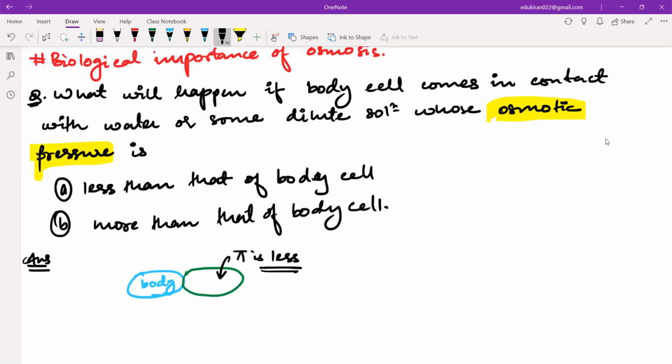Then what will happen? Here the pi is more, here the osmotic pressure is more. If the pressure is more, what will happen? The solvent will flow from body to the guest molecule. Yes or no? Correct?